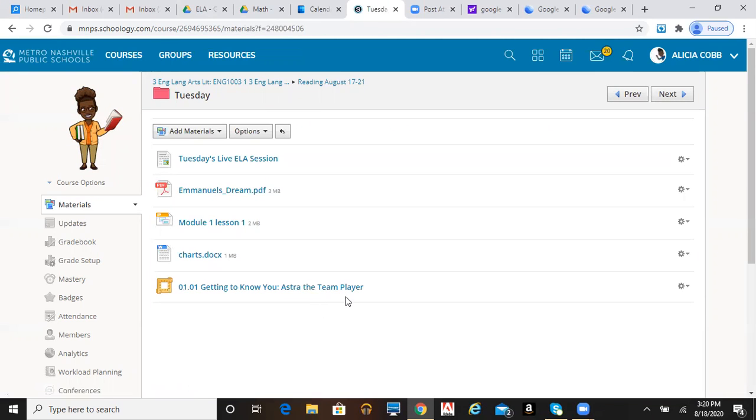This is where you will go. It is a passage. It will pull up and you can actually play the passage, and you just follow and read along as it goes. If you would like to write questions, wanting to know more about Astra, the team player, you can, because we will share them if you can make it on the live tomorrow.